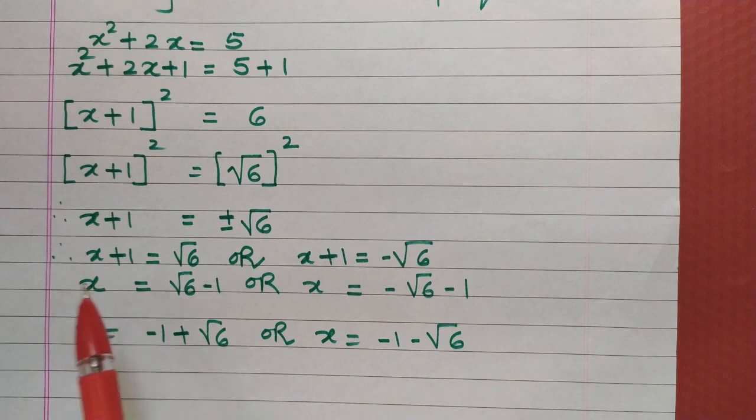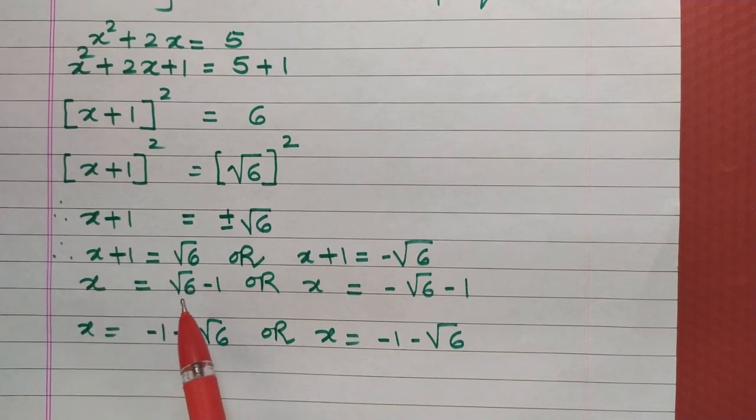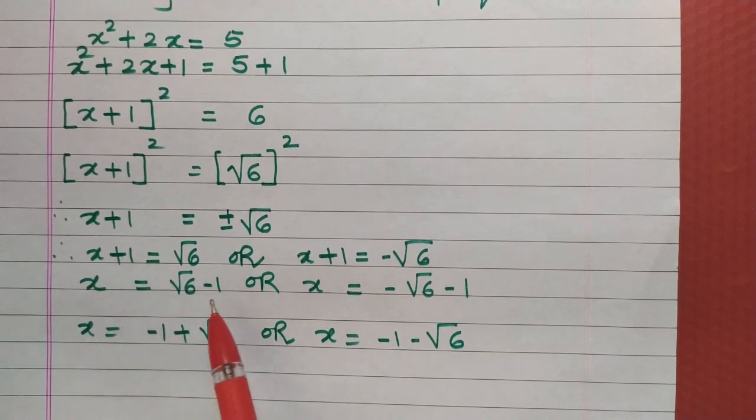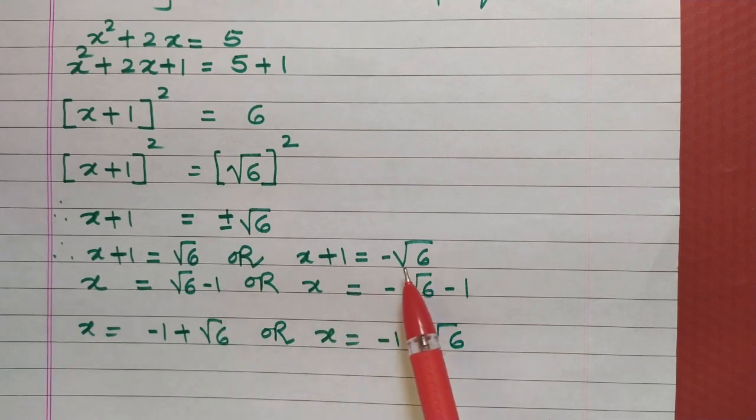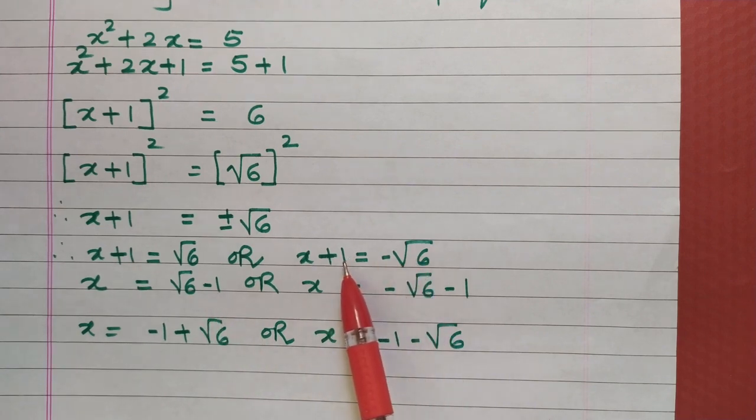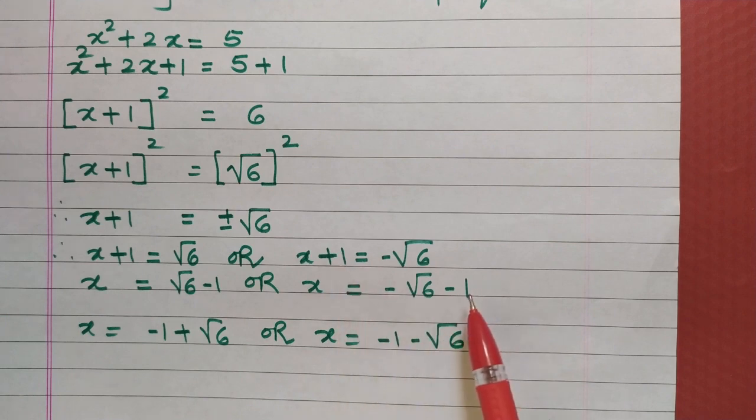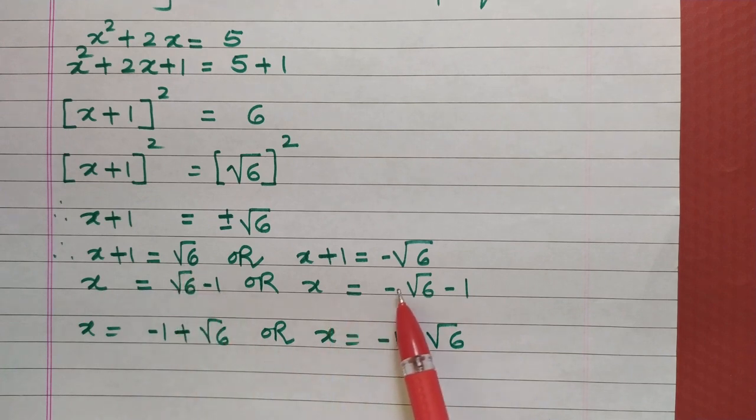Therefore, what will be x then? Root 6, this plus 1 will be shifted to this side, becomes minus 1, or x is equal to minus root 6, shifting of plus 1 to this side will become minus 1. So solutions are under root 6 minus 1 or x is equal to minus under root 6 minus 1.